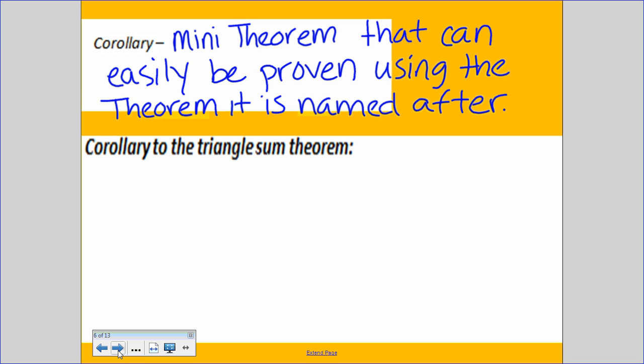So a corollary is like a mini theorem, and you prove it using whatever theorem it's named after.